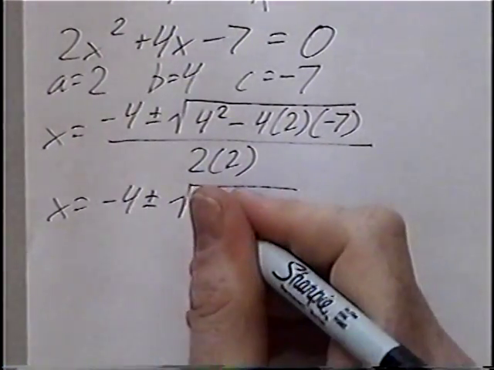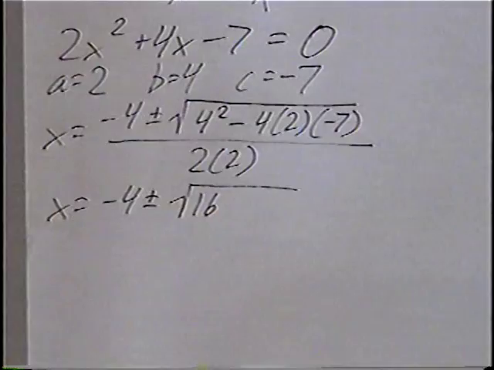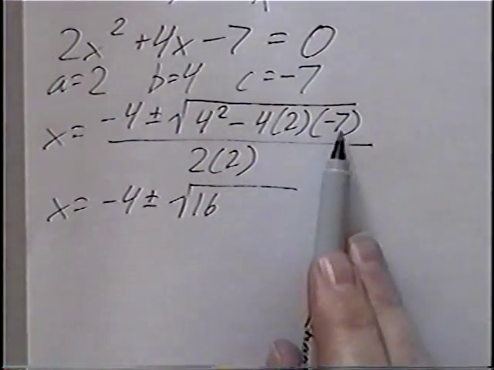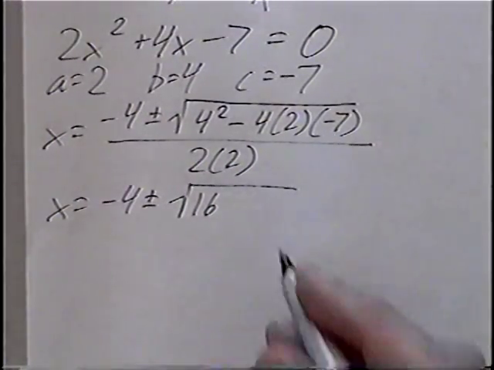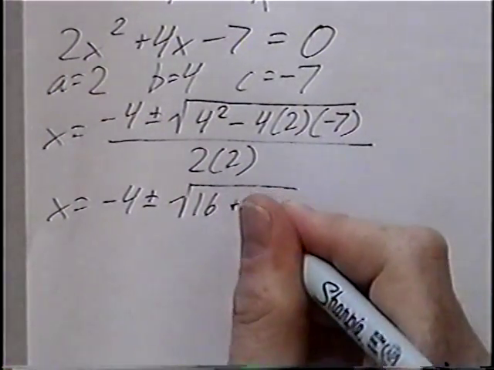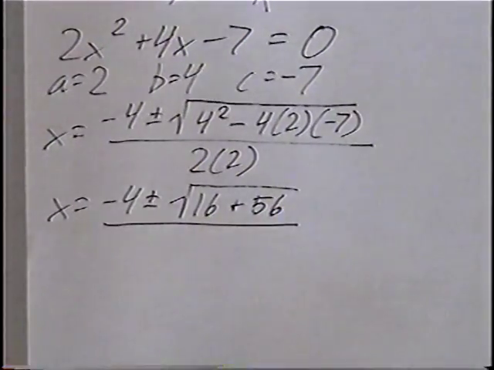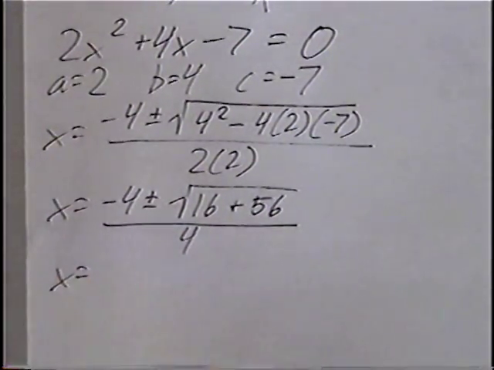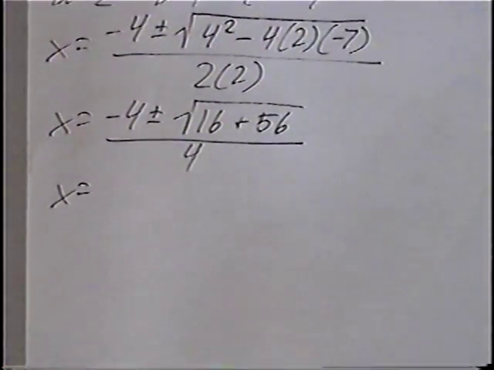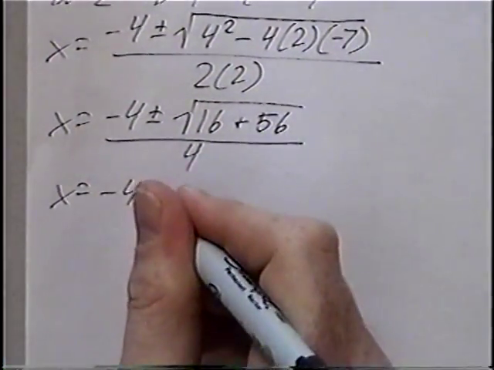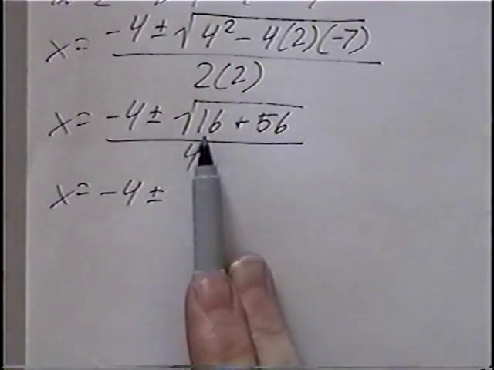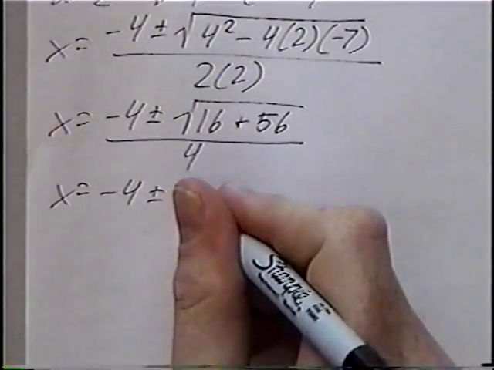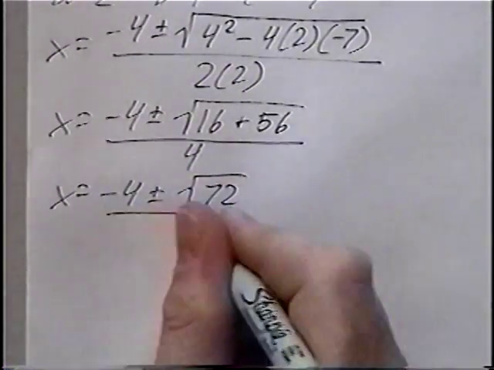The square root, 4 squared would be 16. Negative 4 times 2 would be negative 8. And negative 8 times negative 7 would be a positive 56. Divided by 2 times 2, which would be 4. X equals negative 4 plus or minus 16 plus 56 would be 72 divided by 4.